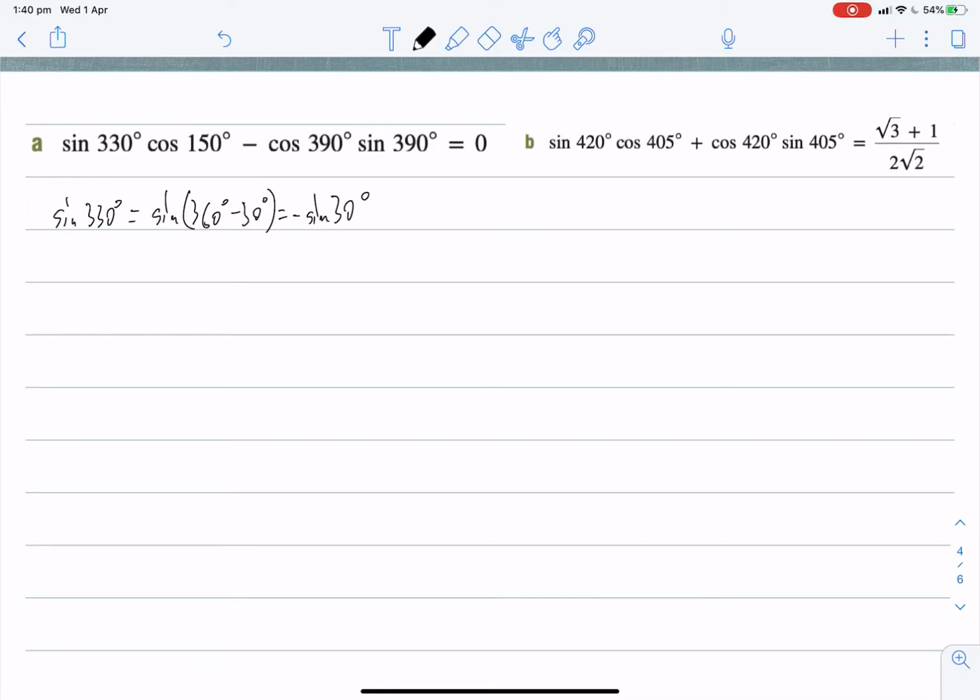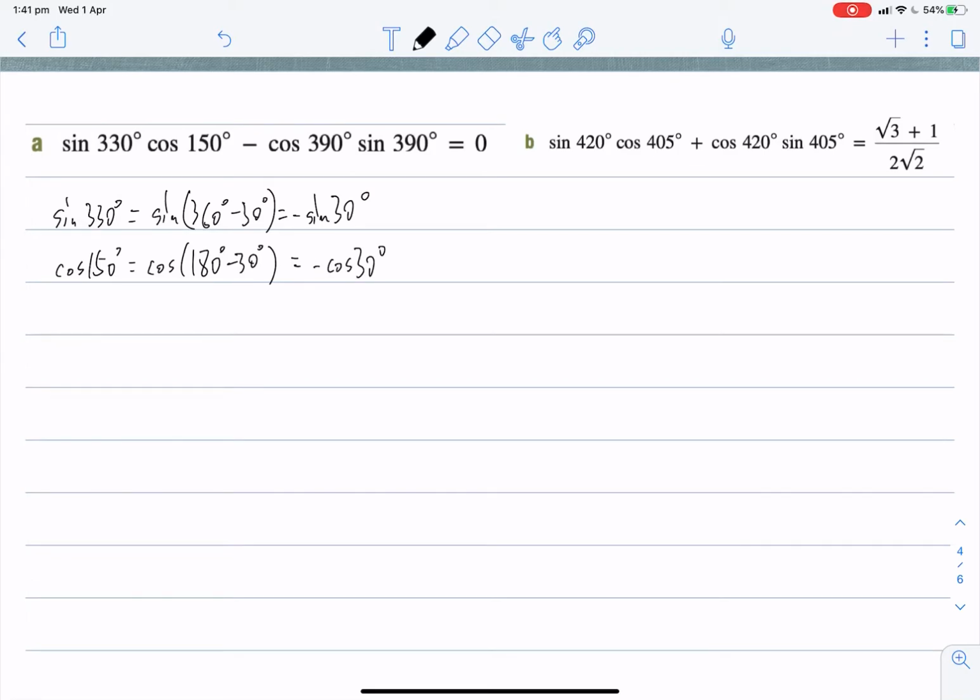Okay. Second one is cos 150 degrees, which is cos of 180 minus 30 degrees. Easy. So in the second quadrant cos is negative.